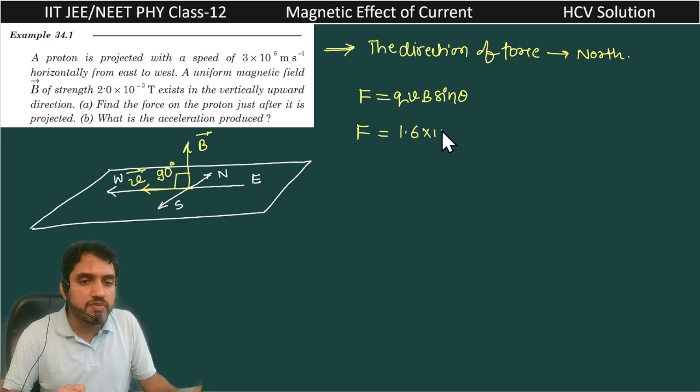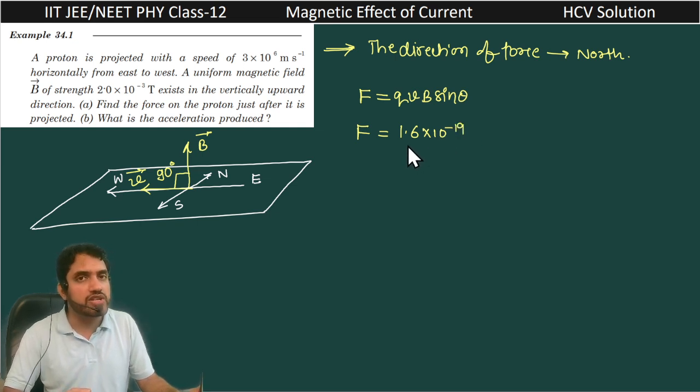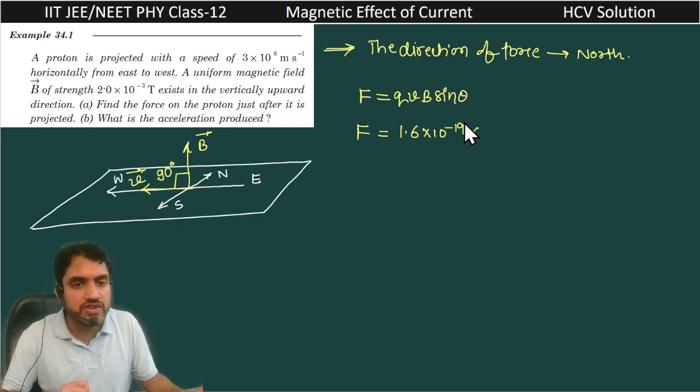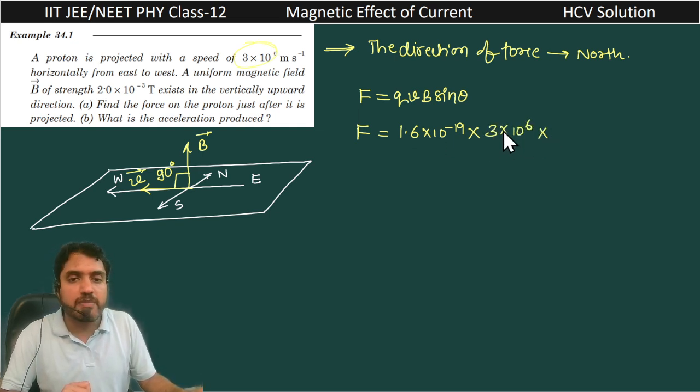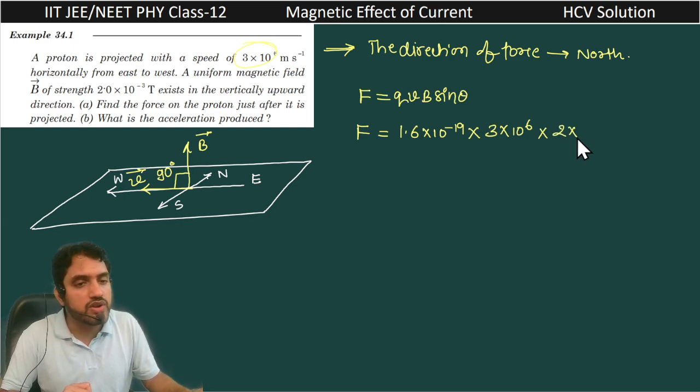What is the charge on proton? That is the electronic charge, 1.6 into 10 raised to power minus 19. And what is the velocity? Velocity is 3 into 10 raised to power 6. And the magnetic field is 2 into 10 raised to power minus 3. And you know the value of sin 90 is equal to 1.